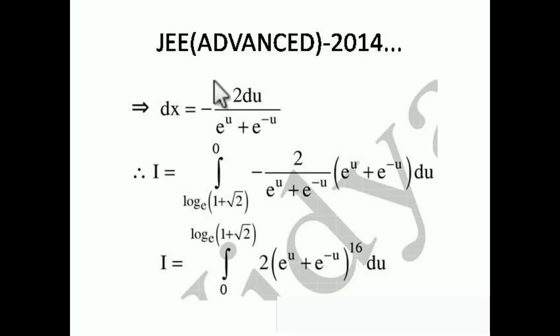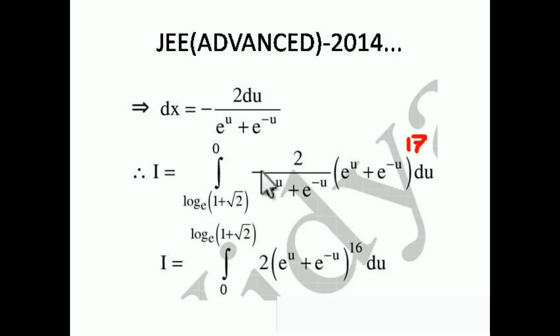Now we have dx, that is minus 2 du upon e raised to u plus e raised to minus u, and cosec x, sorry, here the power 17 is there, because we have to find out cosec x raised to 17. Cosec x is e raised to u plus e raised to minus u; we take an assumption of that. Okay, so this is here, and one e raised to u gets cancelled out. So we are left with 2 upon e raised to u plus e raised to minus u whole raised to 16 du, and here the minus sign is there.